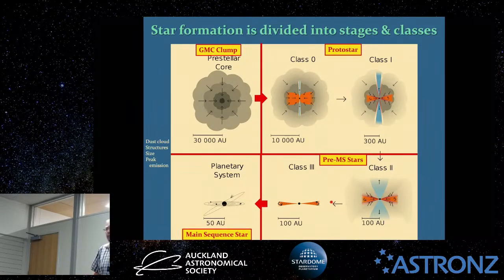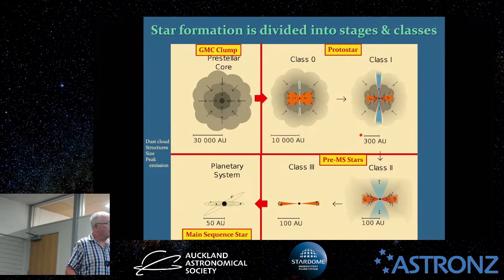Peak emission, when you start looking at them, the peak wavelength at which you see these objects, they change as well. For example, class 0, its peak wavelength is what they call sub-millimetre wavelengths, which for the technically minded is about 500 microns up to about 1 millimetre. Class 1, you start looking into the far infrared, which is about 40 microns up to about 400 microns.